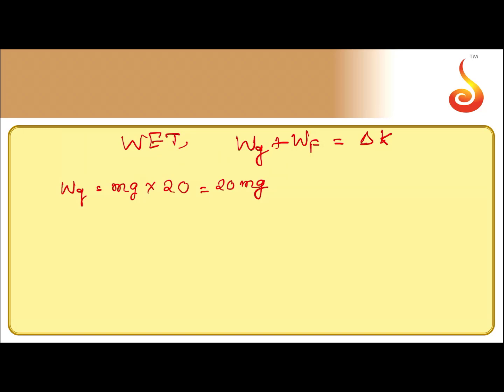And the change in the kinetic energy. It falls from rest, that means its initial velocity is 0. Final velocity is 10 meter per second. Therefore I can write it like this. 20 mg plus work done by this one, W, is equal to half m into 10 square minus 0 square, and upon simplification you get work done by the force as, how much is that?